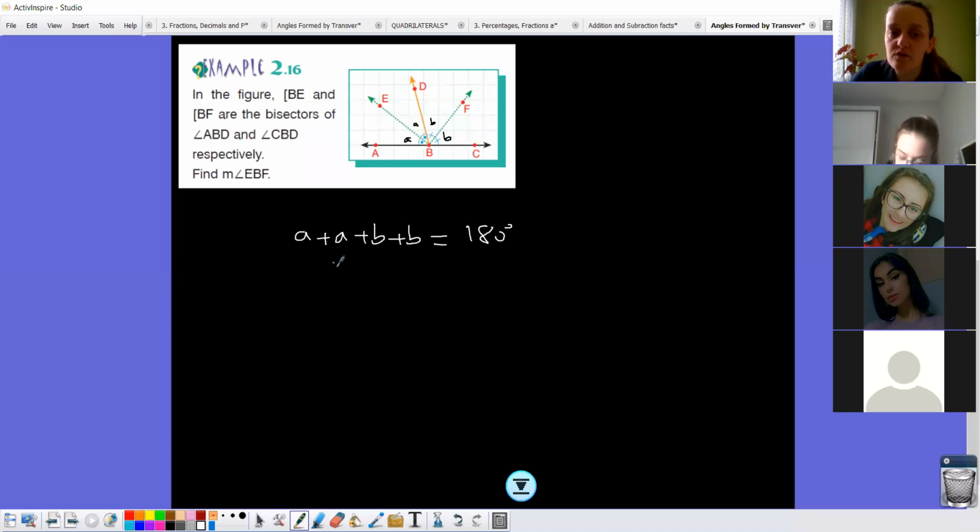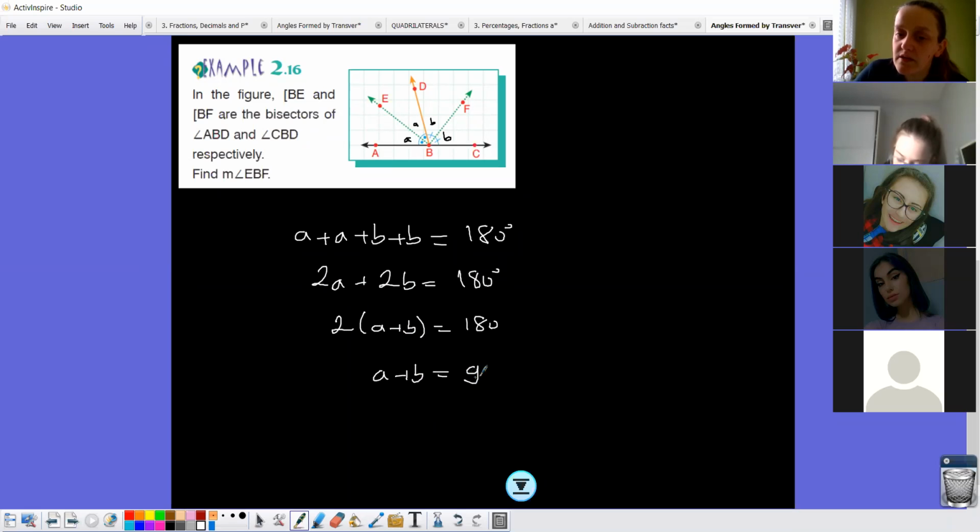So I have 2a plus 2b equal to 180. Then I am taking 2 in front of the parentheses, 2 times a plus b is equal to 180. So a plus b is equal to 90 degrees. So as you see, this one that we were looking for is perpendicular. They are perpendicular to each other.